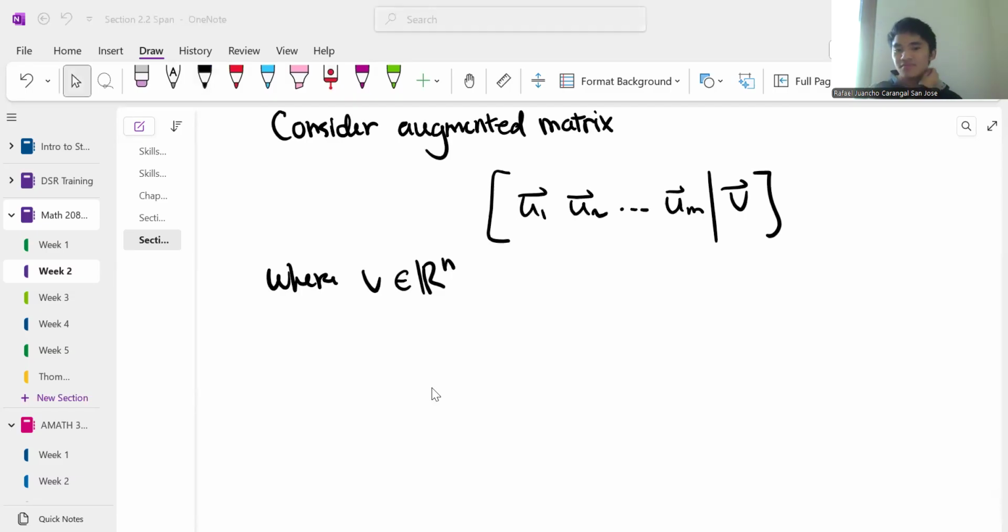Say that's true, right? Now, since B has a pivot position in every row, the same sequence of row operations that transformed A to B will transform to echelon form with no pivot position in the last column.